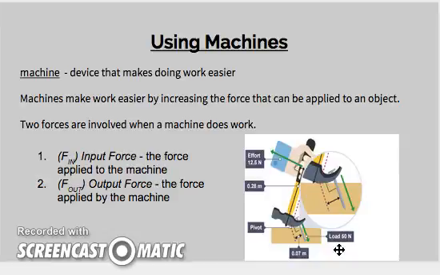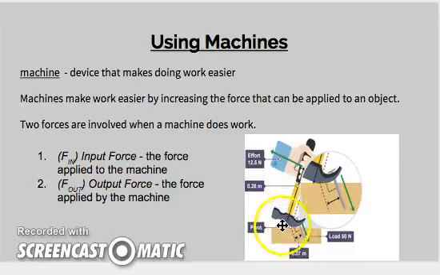So the hammer is able to increase the amount of force being exerted, not really the amount of work being done, by changing the distance. See how we're changing the distance?